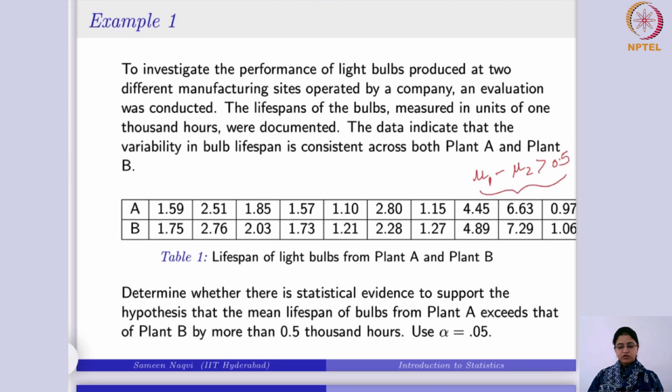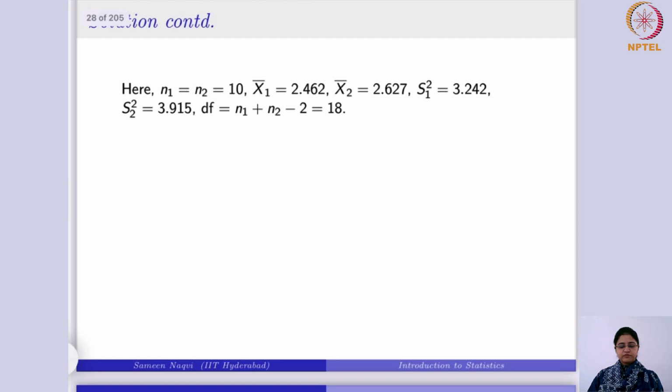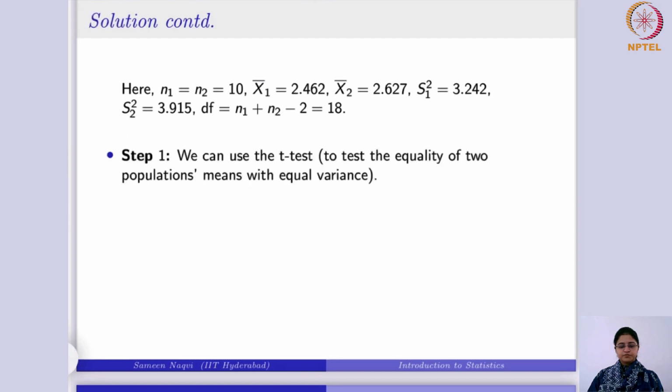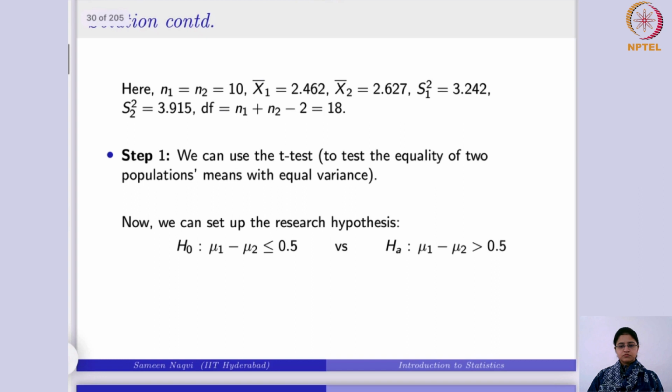So this is your hypothesis. The alternative is this, and you want to reject the null hypothesis so that you can accept the alternative and finally verify whether this difference of the two population means exceeds 0.5 or not.